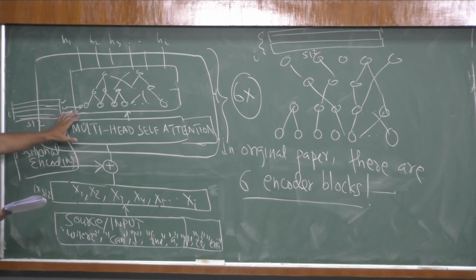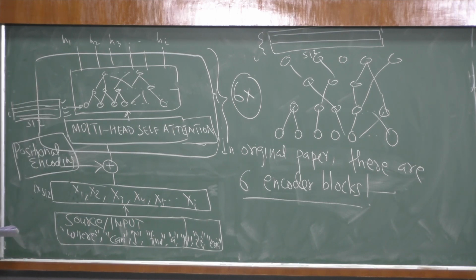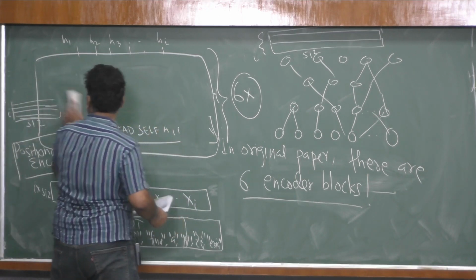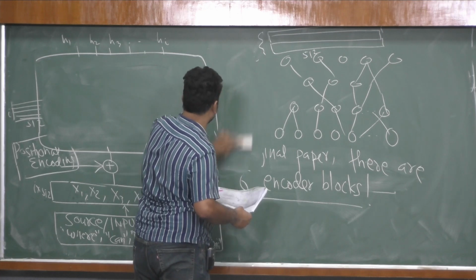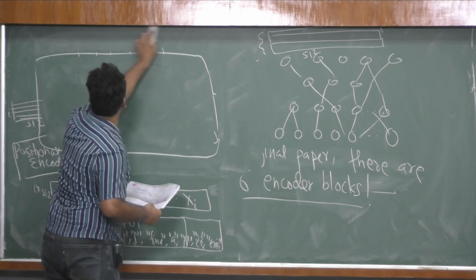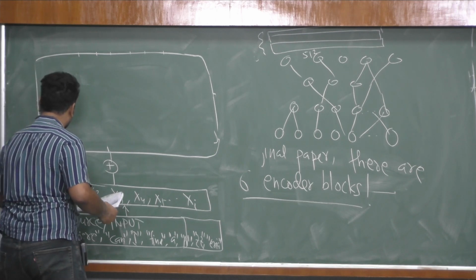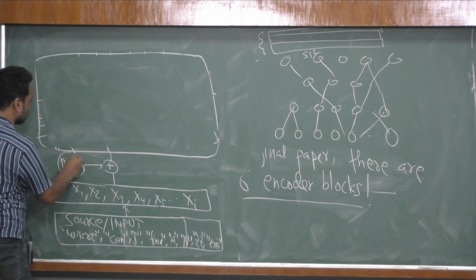So we will build further on this and see what changes we are supposed to make. In the original paper, if I reuse this, as I have written, it is 6 times. There is indeed a positional embedding, so I can write this in short, positional embedding going on.